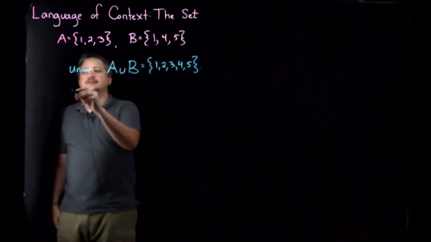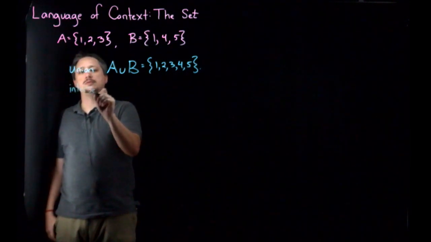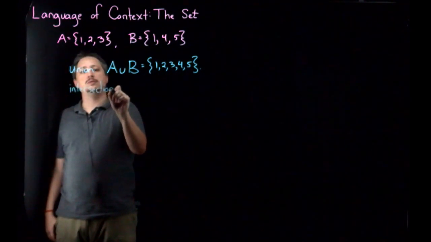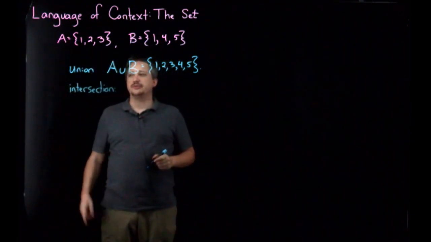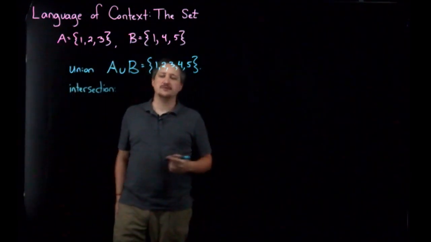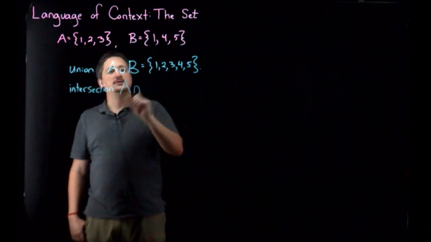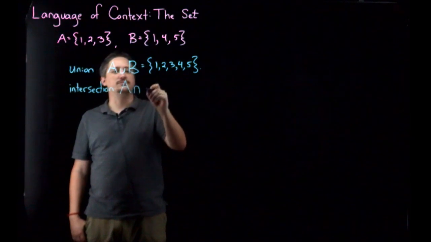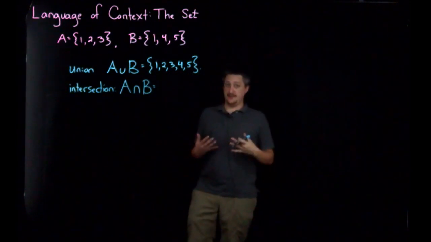The next one is called the intersection. For an intersection, we don't use I because that's really hard to read, so instead we use N, and we're not very clever as math people. So A, little cap or N looking thing, B. The intersection of sets is where the two sets are the same.